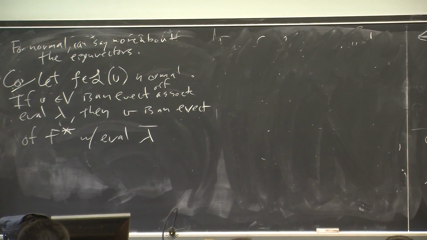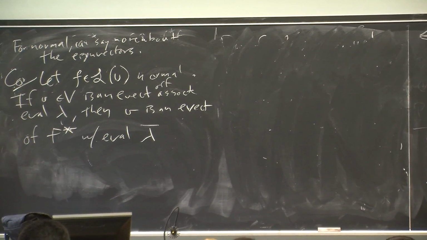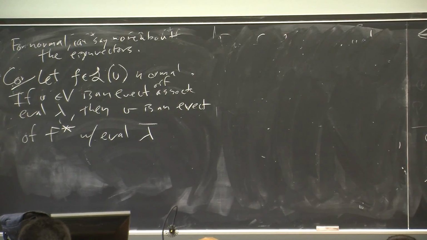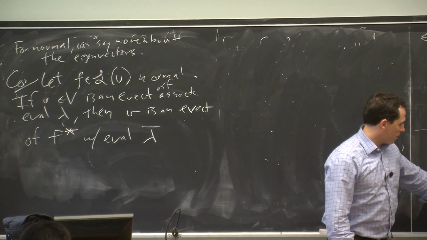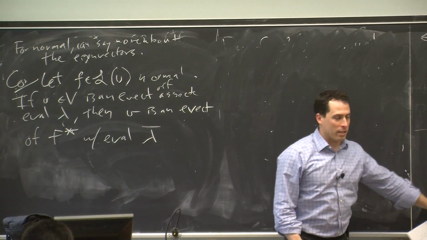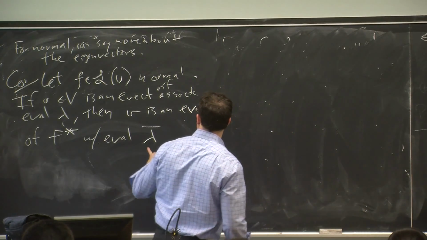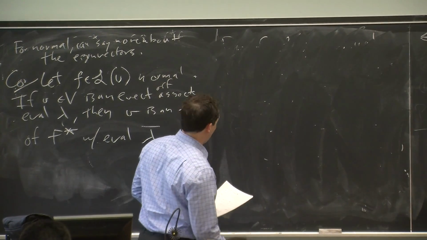So we get to use the same eigenvectors if we have a normal operator. This tells me that the eigenvalues correspond up to complex conjugation, and that if it's also normal, the eigenvectors do as well.